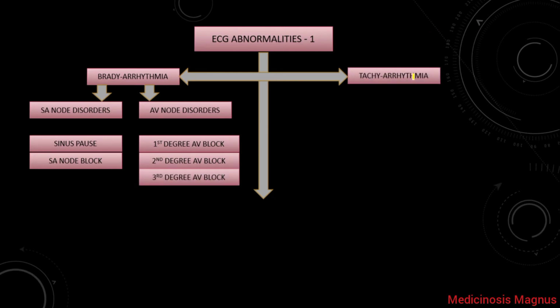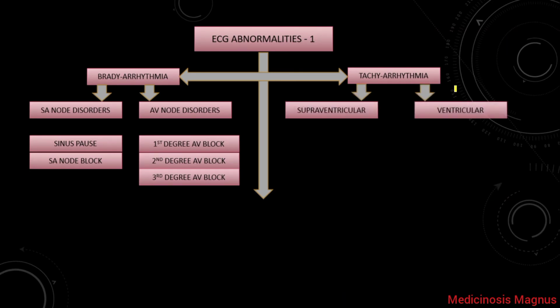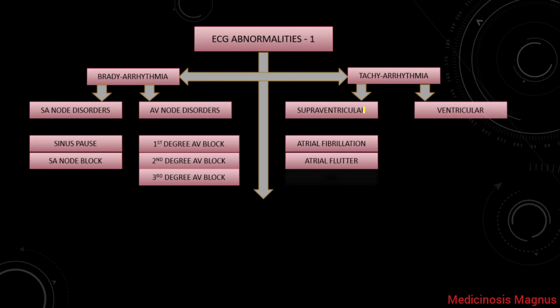Then we will see about the tachyarrhythmias, that is supraventricular and ventricular. Supraventricular basically means that is atrial, because above the ventricles is the atrium. So in supraventricular we will see about the atrial fibrillation, atrial flutter, the MAT, PSVT and AVNRT.